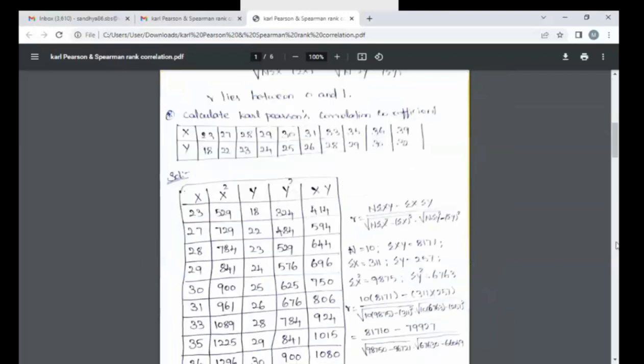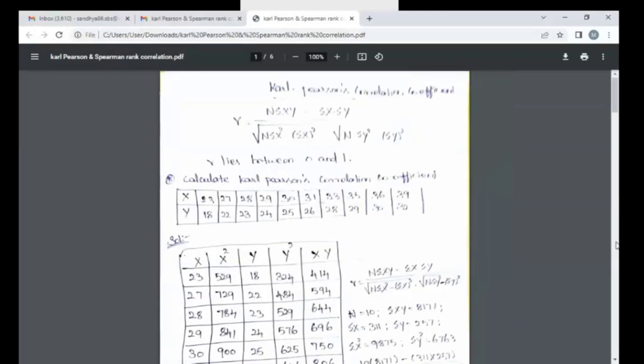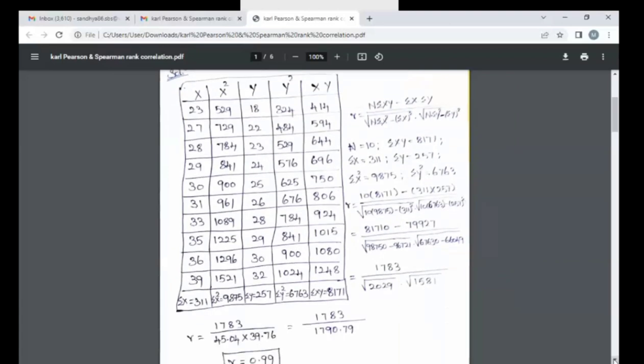Here the value for n is 10, because 10 observations have been given in your problem: 1, 2, 3, 4, 5, 6, 7, 8, 9 and 10.